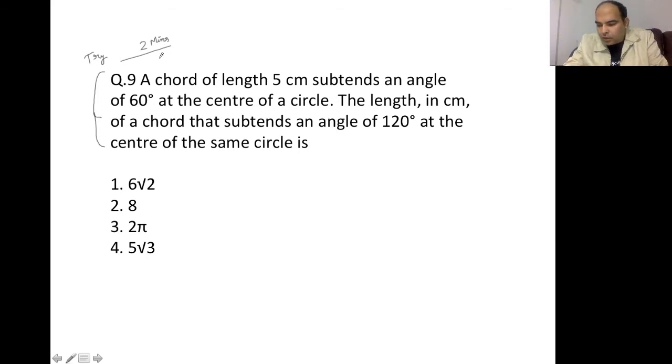The question says that we have a chord of length 5 centimeters and that chord subtends an angle of 60 degrees at the center of a circle. So you have to think of a circle. Let me try to draw a circle as well as PowerPoint allows me to do.